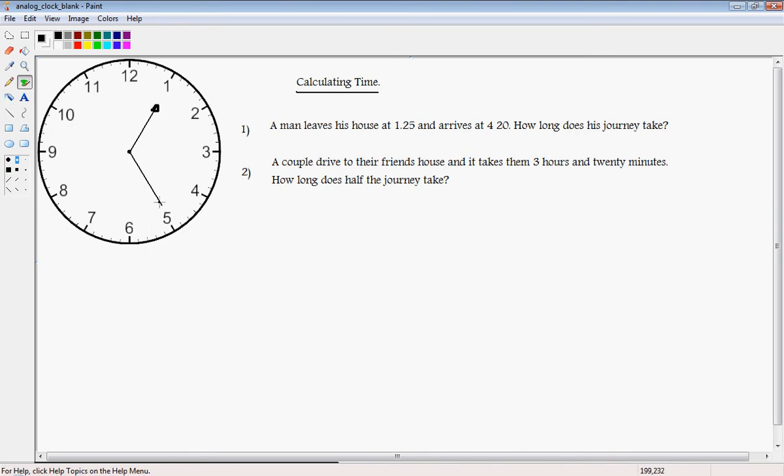Not very good arrow, is it? And he arrives at 4:20.